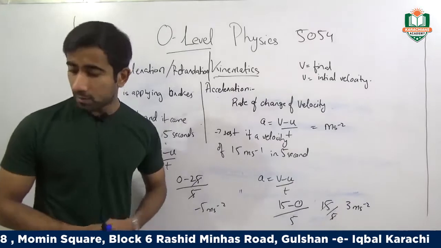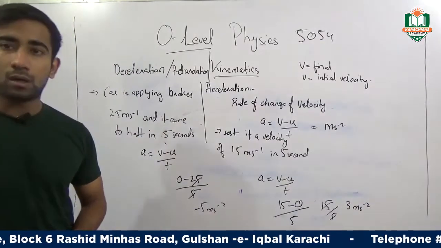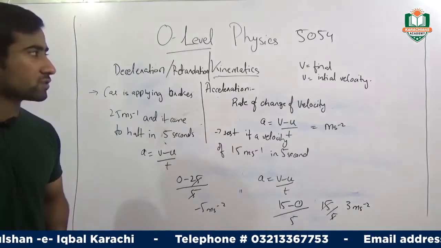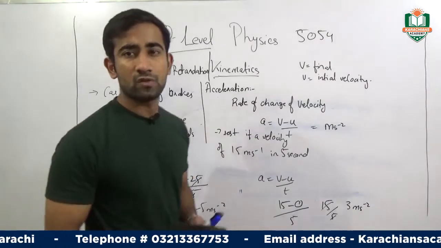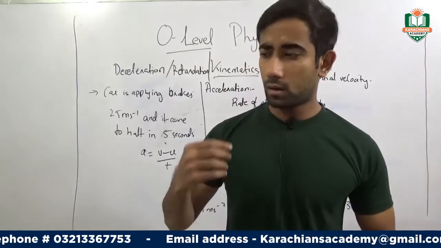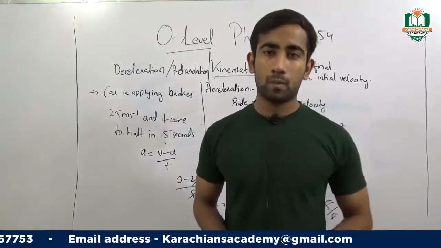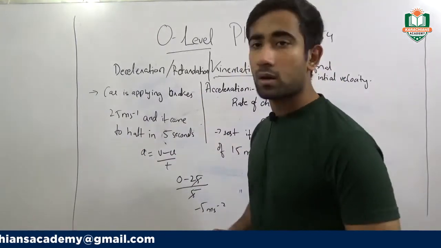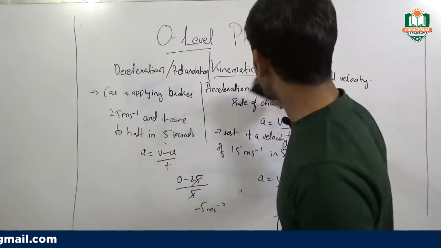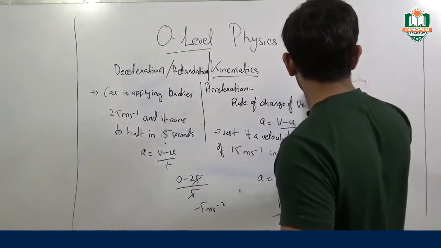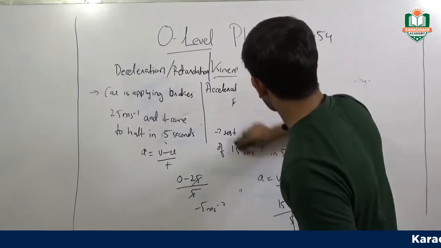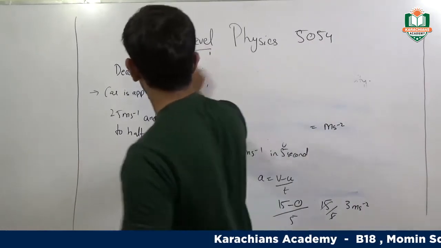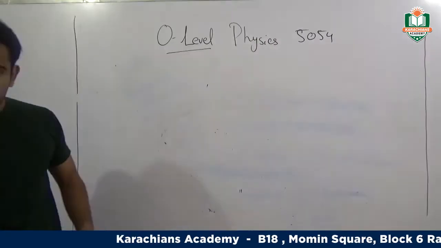First of all, we'll be starting with the displacement time graph, and then we'll be doing the velocity time graph, and then we have just a small part in which we will be doing the expression of free fall and terminal velocity. So let's just start with the displacement time graphs, and I'll be drawing some graphs and explaining them to you guys.